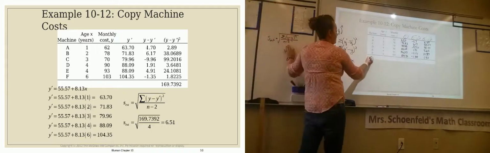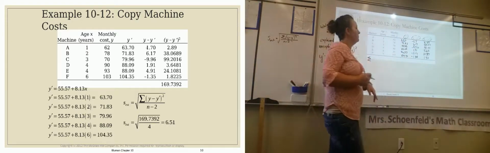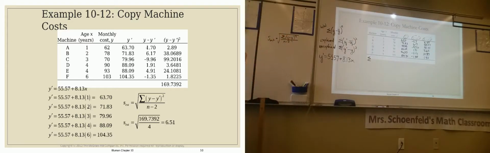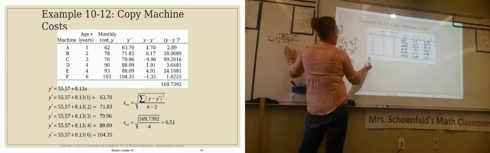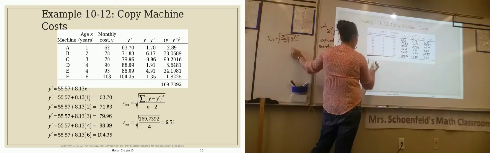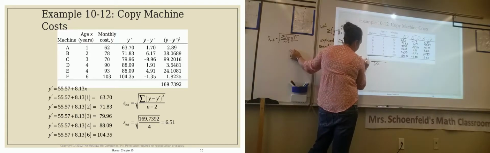Now I need to add all these squared things up. Whatever that number is when we add them all up will be over 6 minus 2. That will be the standard error of the estimate.